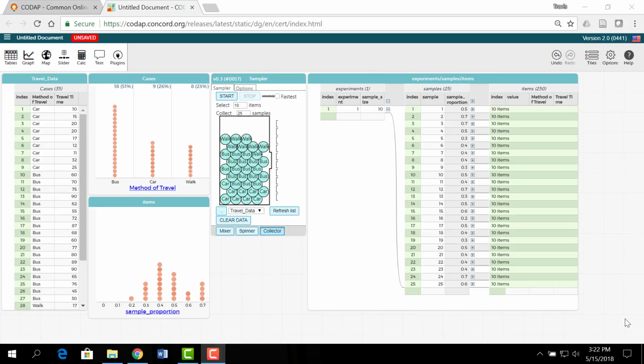So to be able to construct that 95% confidence interval, we have 25 different points here. So basically what we want to do is we want to come up with an interval that's about the same distance from the center to the left and the right that includes all but one of the points, which would give us 24 out of 25, which is 96%, so close to 95.